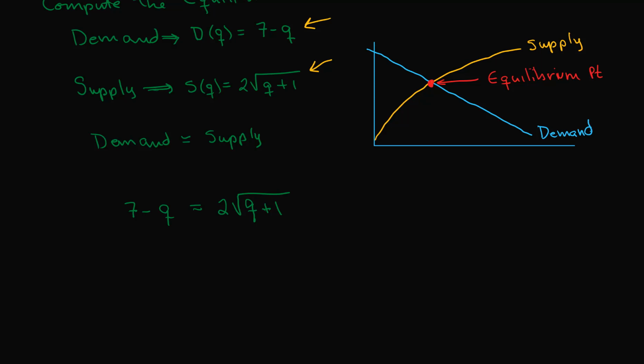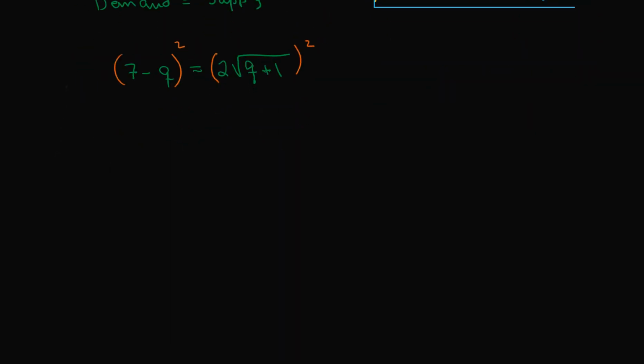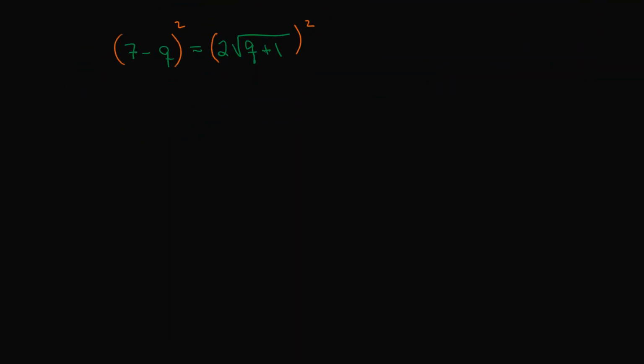Okay, we need to solve for Q. Well, the first thing we need to do in solving for Q is to get rid of that square root. To get rid of the square root, what I'm going to do is I'm going to take both sides and square them. When I square each side, squaring the left side, be really careful. A lot of people put down 49 plus Q squared. That's not right, okay?